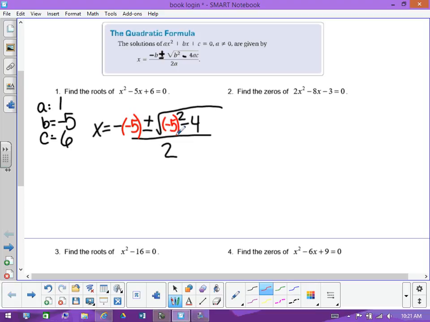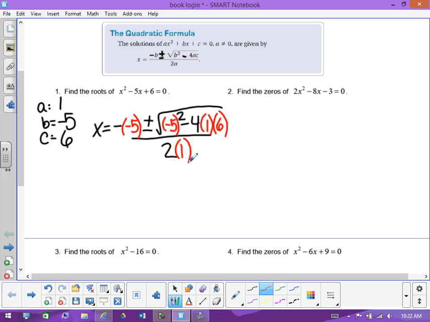My formula says 4 times A times C. That's all multiplying, so I'm going to split it up with parentheses. And on the bottom, 2 times A. So all I did was take exactly the numbers A, B, C and plug them into the formula.